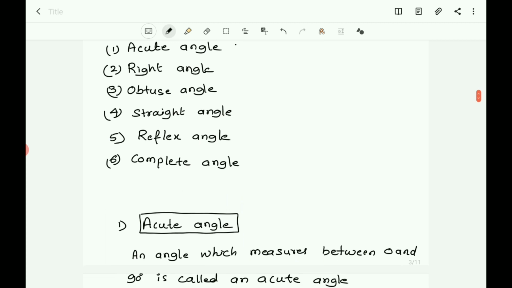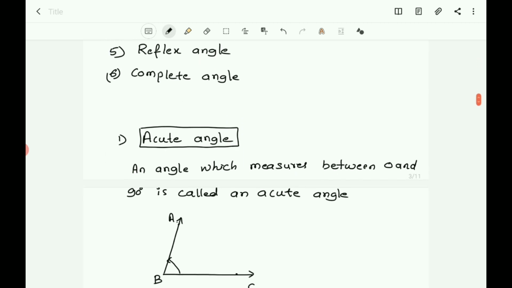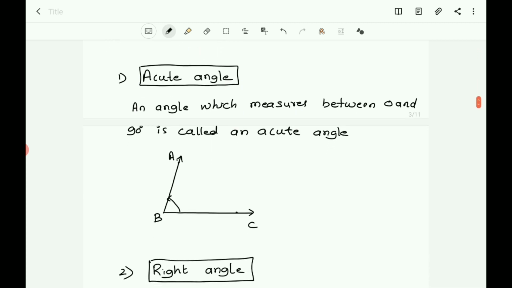Now, what is an acute angle? An angle which measures between 0 and 90 degree is called an acute angle.